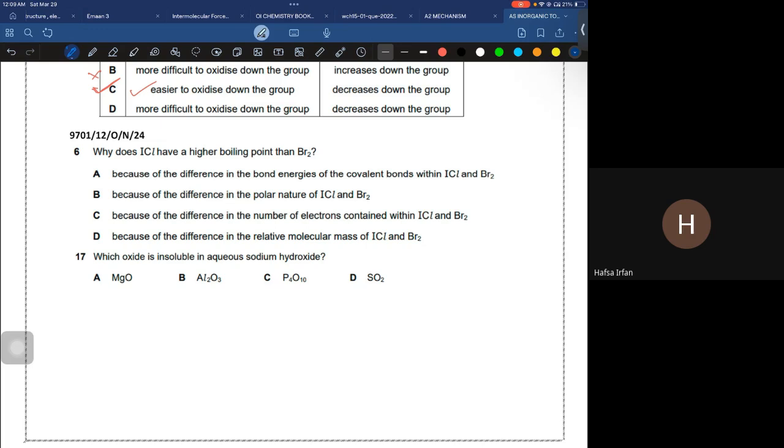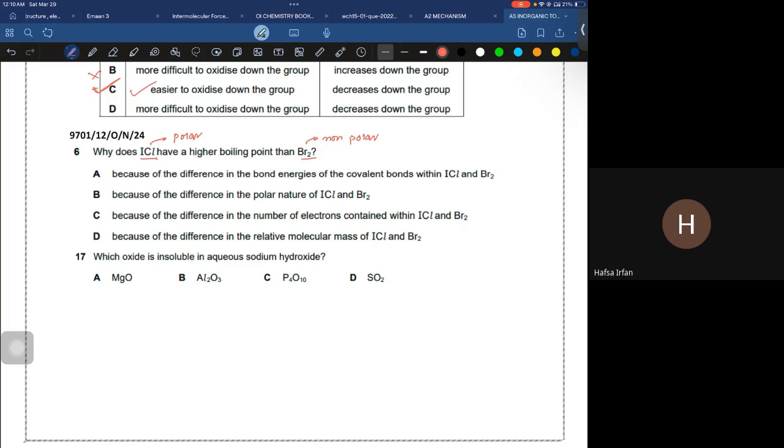Okay. Why does ICl have a higher boiling point than Br2? ICl is more polar. Bromine is non-polar. This is the first reason. Okay. Because of the difference in the bond energies of the covalent bonds in ICl and Br2.